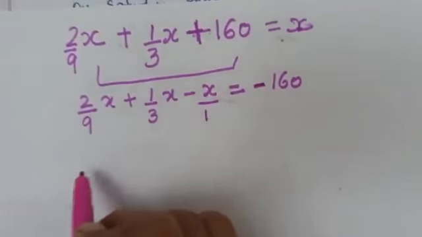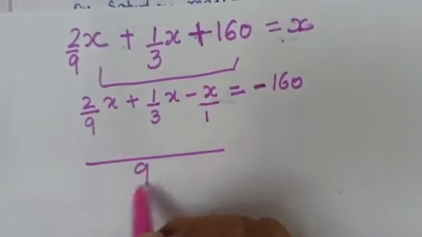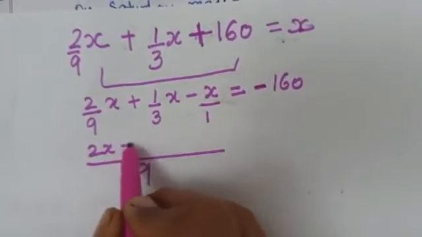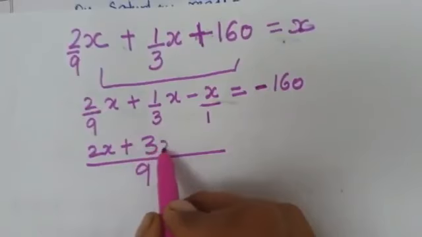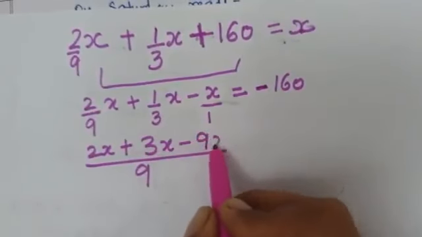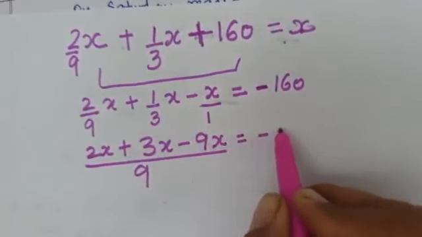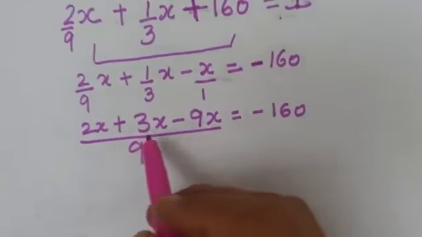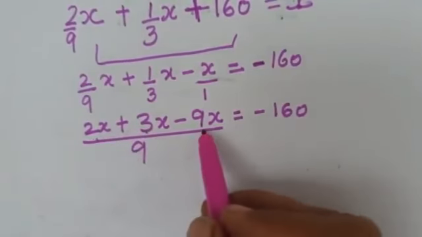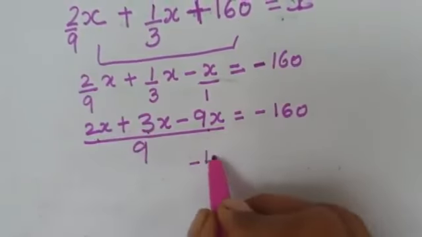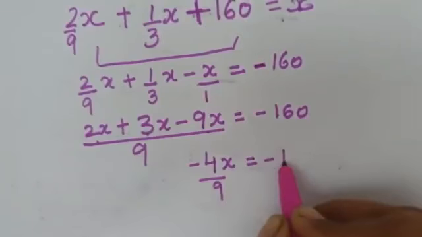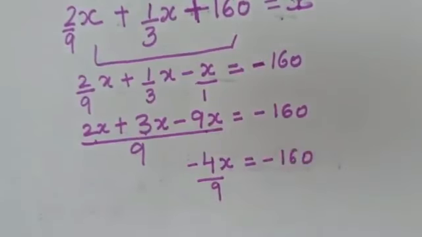Now let us take the LCM here. The LCM will be 9. So what we get? 2x plus 3x minus 9x will be equal to minus 160. Now 3 plus 2, 5 minus 9, minus 4x upon 9 is equal to minus 160.